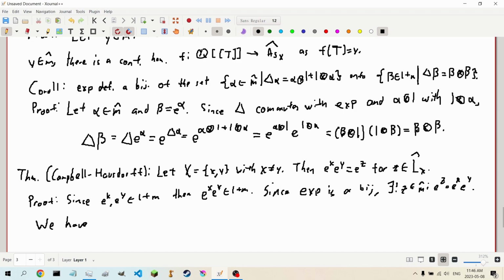We have that the diagonal of e to the z is the diagonal of e to the x, e to the y, equals the diagonal of e to the x times the diagonal of e to the y.